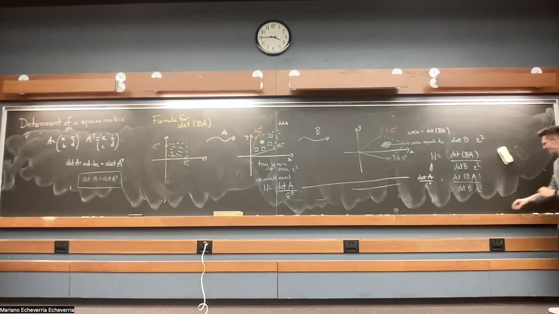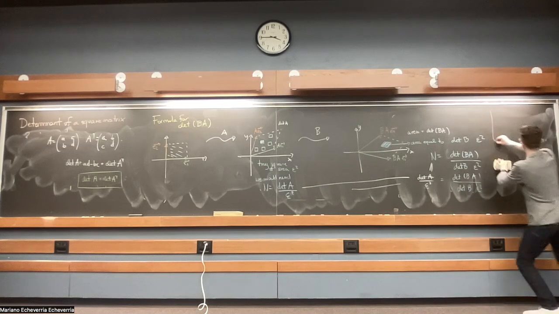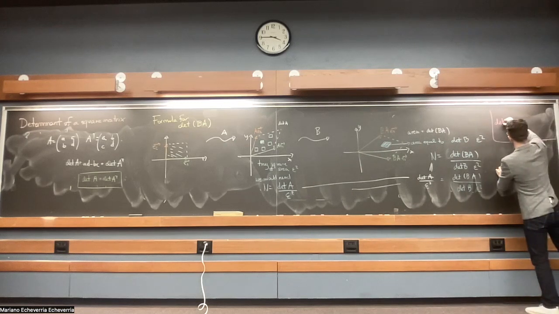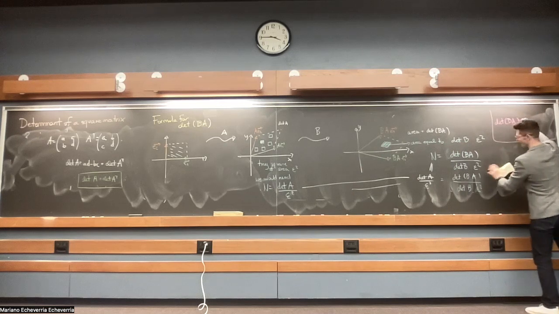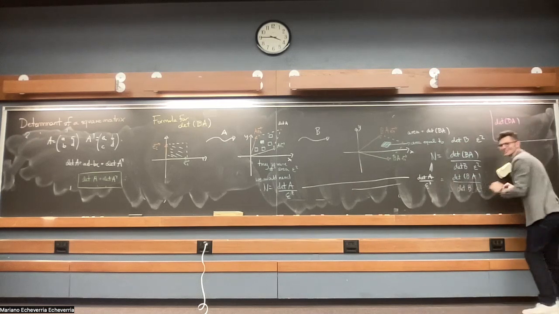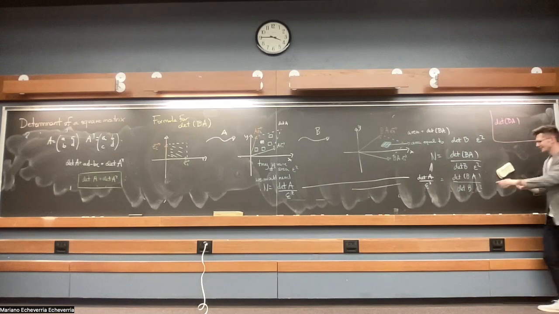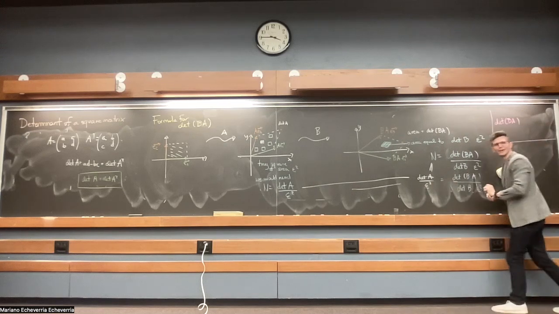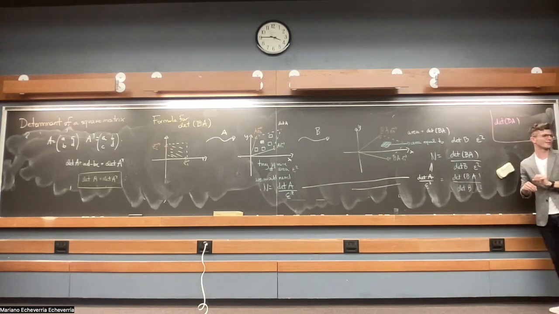Can you solve for the determinant of BA? The epsilon squareds cancel, you move this to the numerator, so it's just determinant of B times determinant of A.